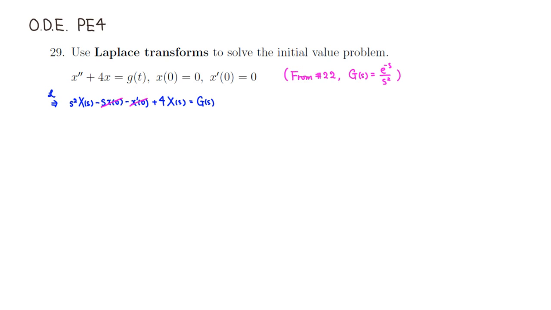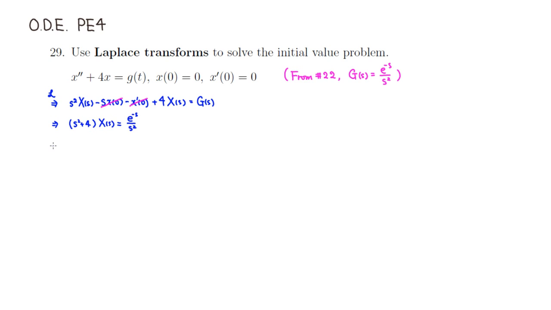So what you get is, put those two together, you have s squared plus 4 times capital X of s is equal to G of s, which is e to the negative s over s squared.